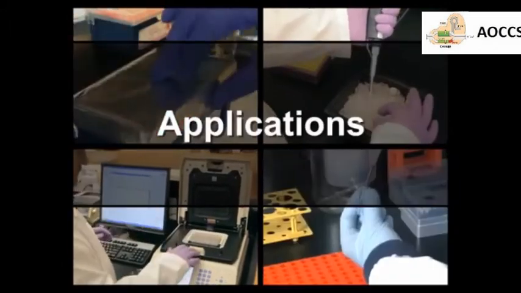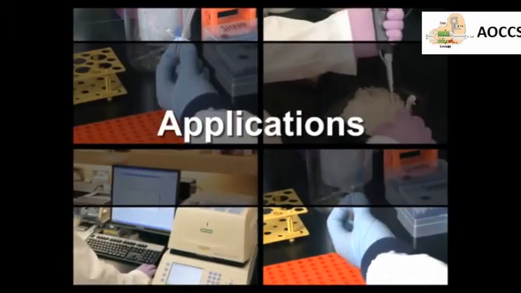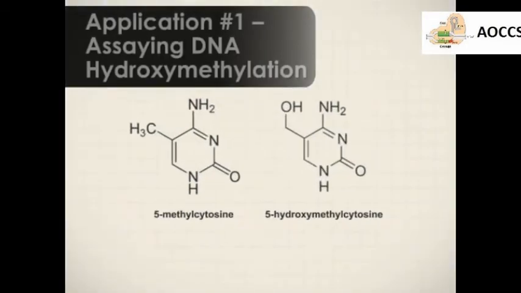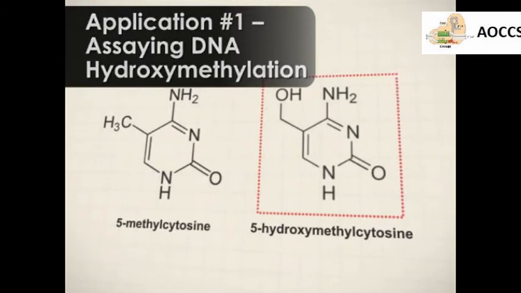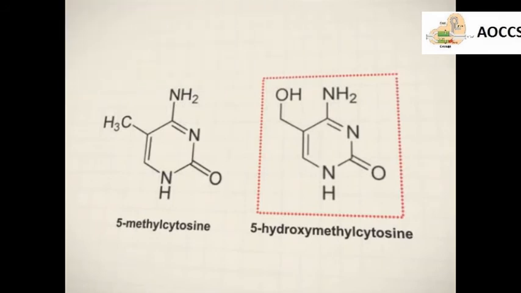After reviewing the tools of epigenetics research, let's look at some of their applications. 5-hydroxymethylcytosine, or 5-hmC, a recently discovered alternate form of cytosine methylation, has garnered much scientific interest.